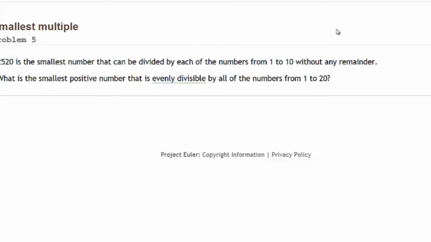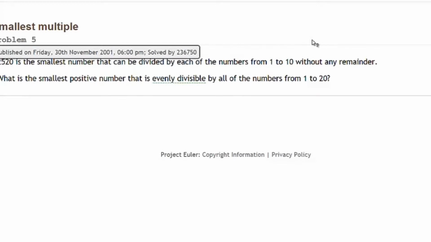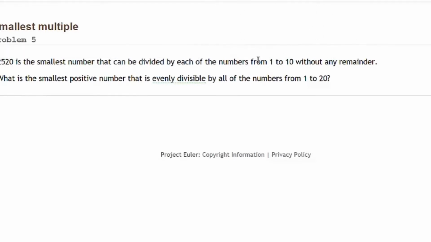Because that will output the multiple of all those numbers which has the least value, and that would give you this number, assuming Project Euler printed out the right number. Obviously they did.